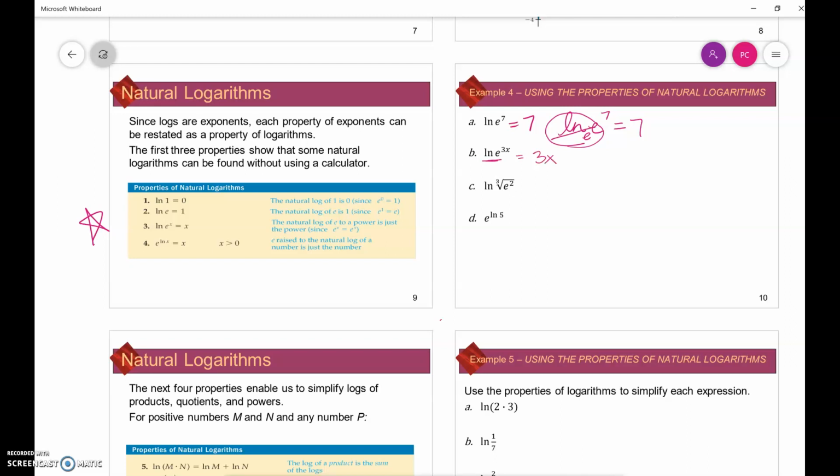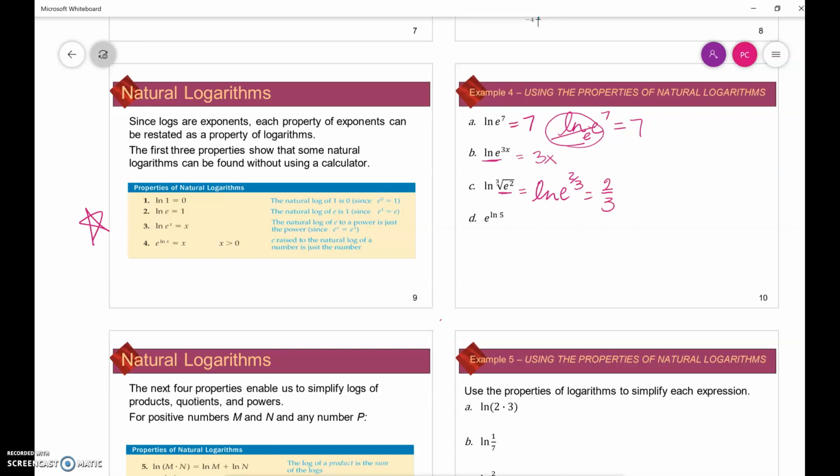On part C, same concept, but we want to take the cubed root of e squared and rewrite that. So you have ln of e to the 2/3 power, which would just be 2/3.